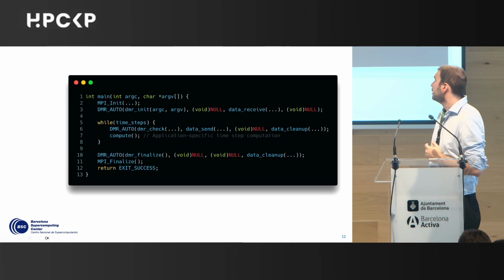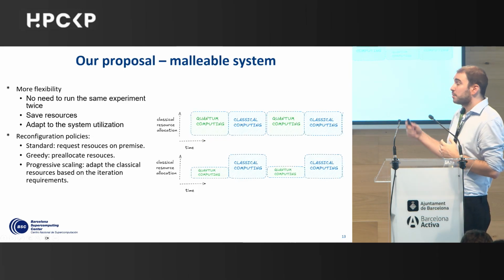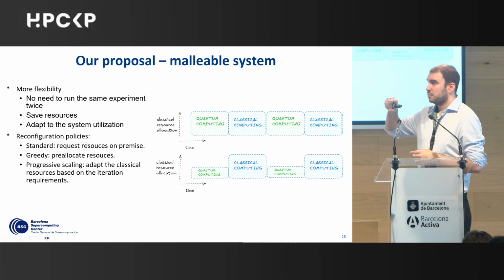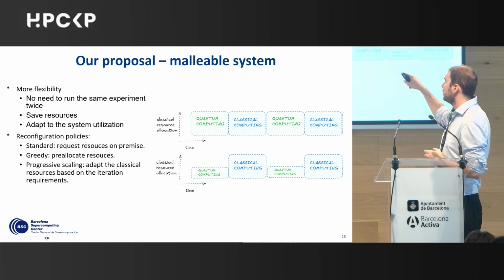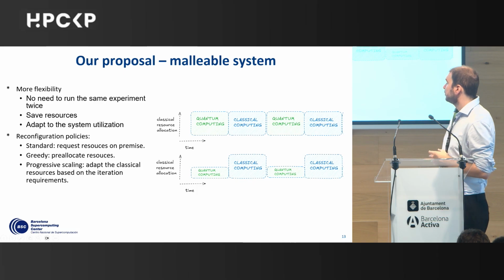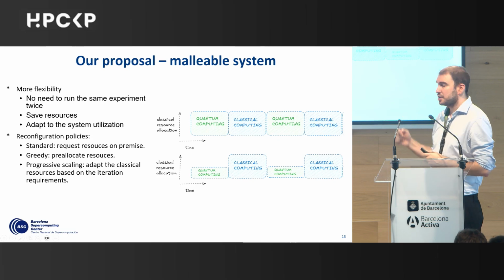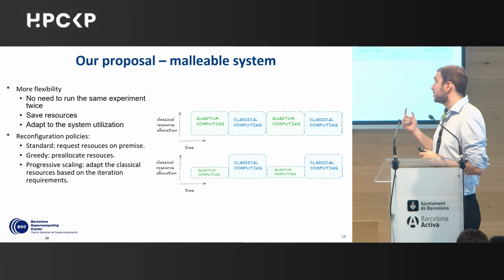So our proposal to fix the problem in the hybrid quantum classical workflows. As I mentioned, if you run the workflow inside the classical nodes, you will keep all the resources during the whole workflow. However, if you use malleability, you can shrink during the quantum phase and expand after the quantum phase.